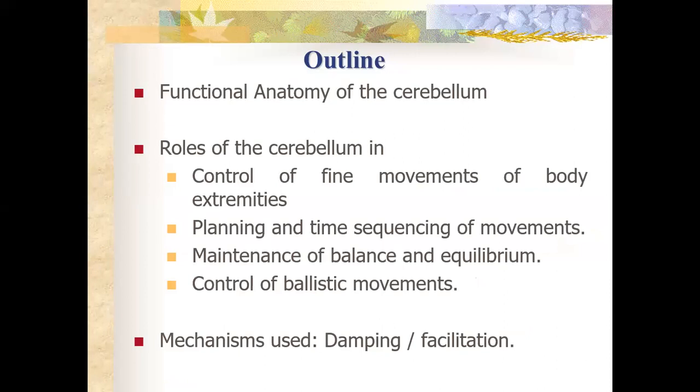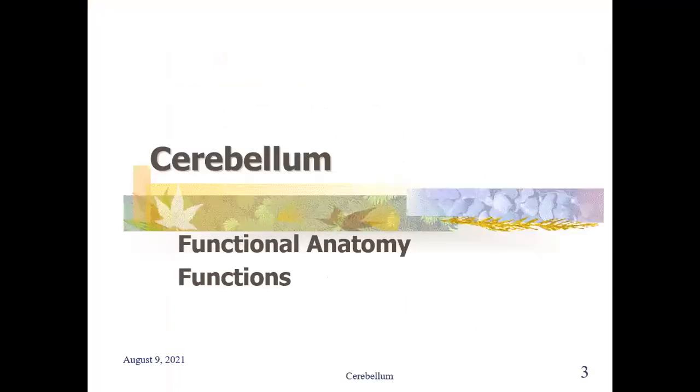We shall see the role of the cerebellum in the maintenance of balance and equilibrium during movement, and we shall also see the control of ballistic movements by the cerebellum, and the mechanisms that are used by the cerebellum in damping and facilitating of movement.